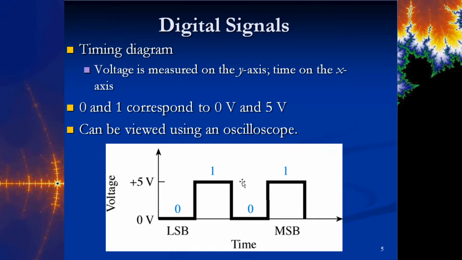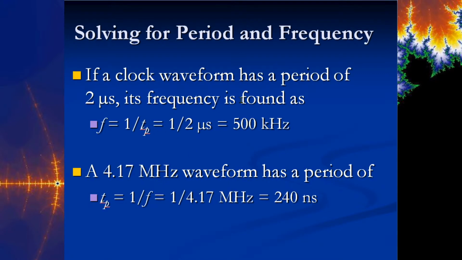So 1 cycle, 2 cycles. Wherever you start, if you start down here, then 1 full cycle is right back down to that point. If you follow my cursor, this is 1 period right there. So there's 2 periods that I see on here for this clock waveform.